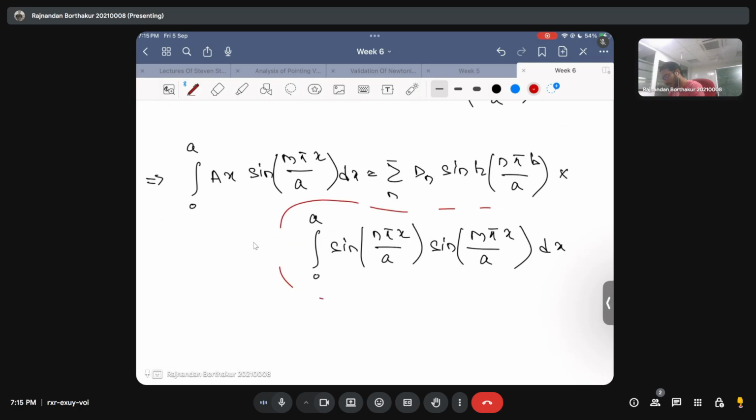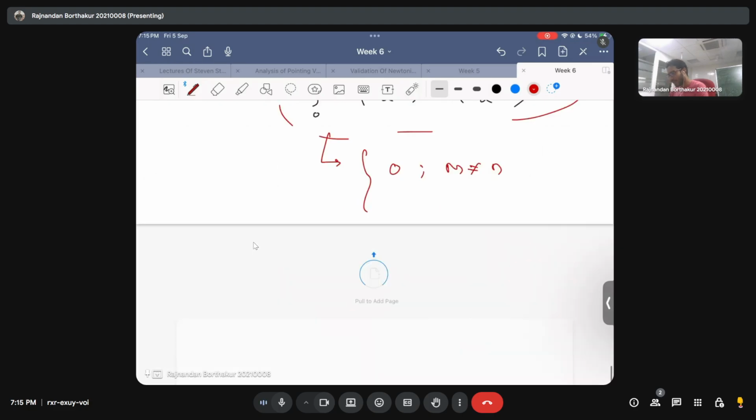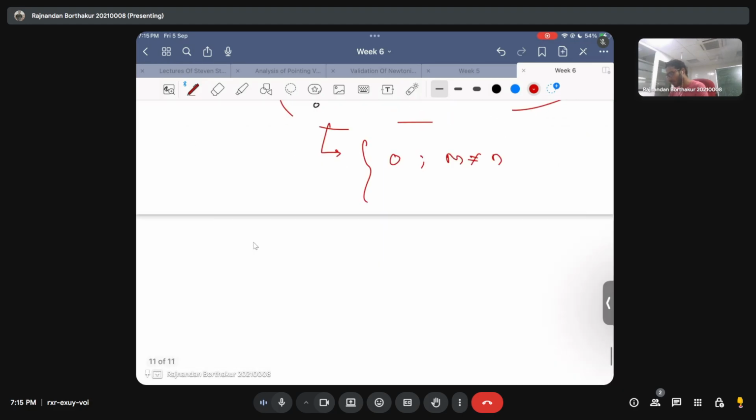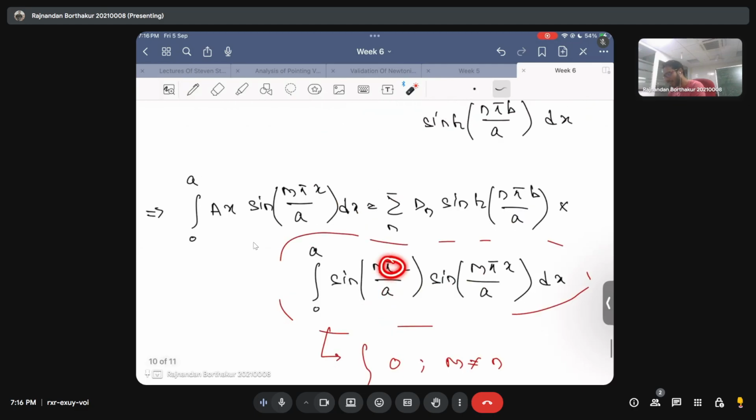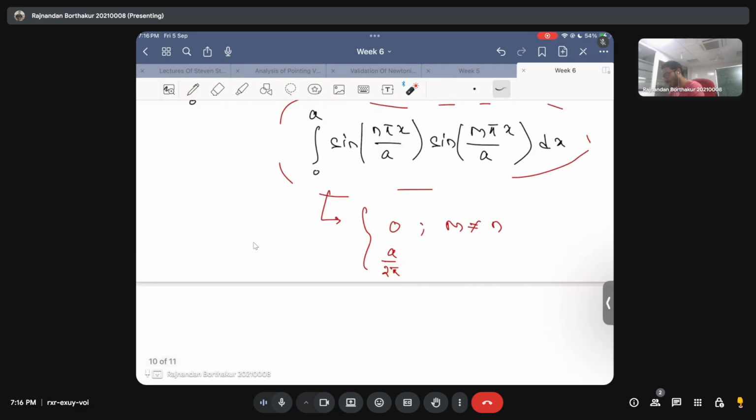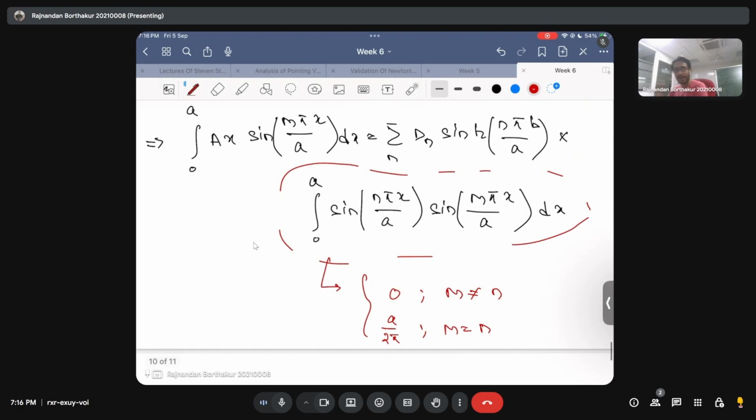So using the orthogonality principle here, this integration would be 0 when m is not equal to n, and you can basically show that this integration would be a by 2 pi, because it would have been L by 2, but since there is a pi factor here, that pi factor will come here. So only when m is equal to n, this integration will be a non-zero value, which is a by 2 pi.